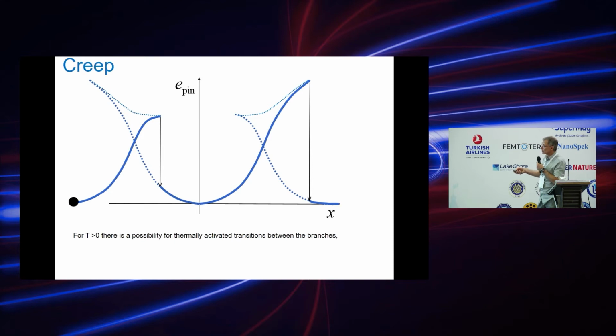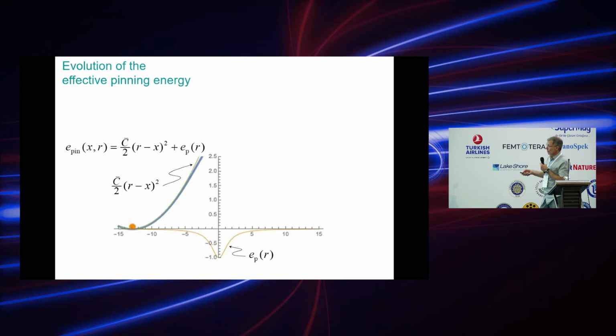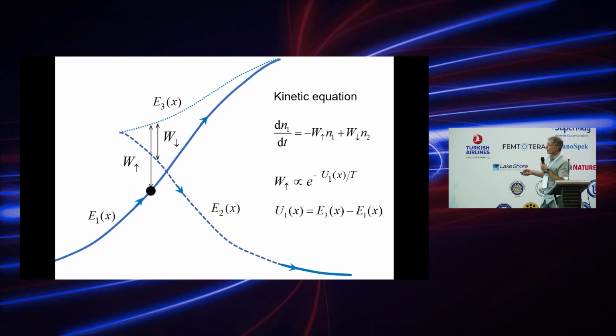Now, if it's non-zero temperature, then vortex can jump before the end point. It just goes over the barrier, and here it goes over the barrier, and that's how it kind of moves.